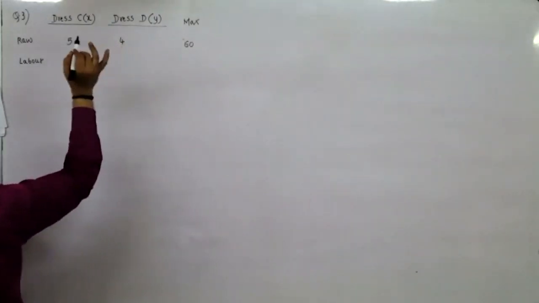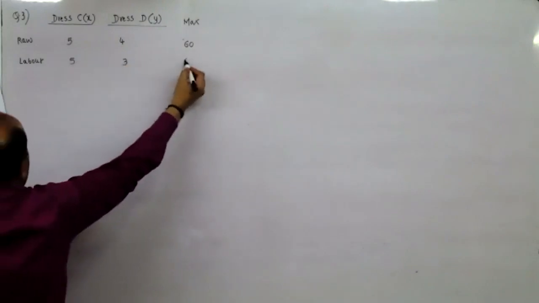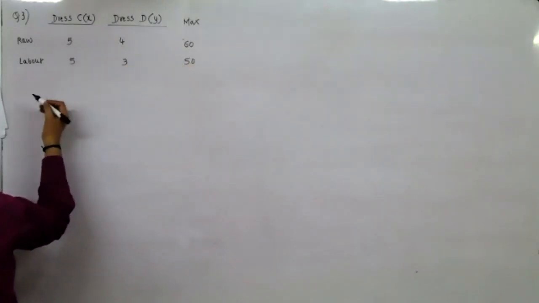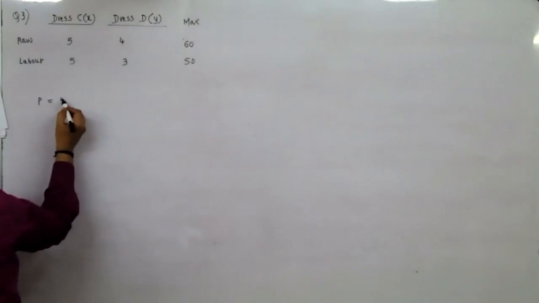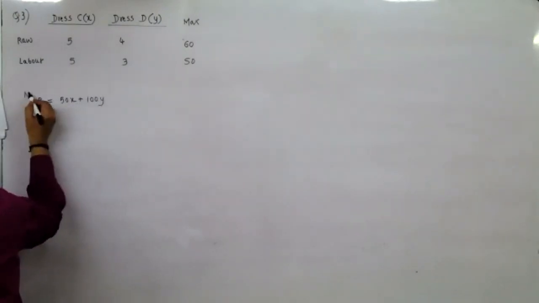This is the raw material. The labor is 5 and 3, maximum available is 50, and P is the profit. They have asked you to maximize profit. This is the function which has to be maximized.